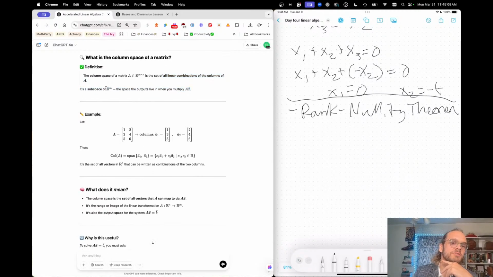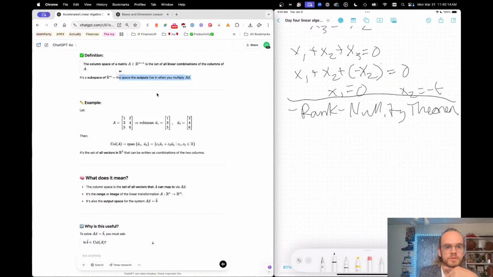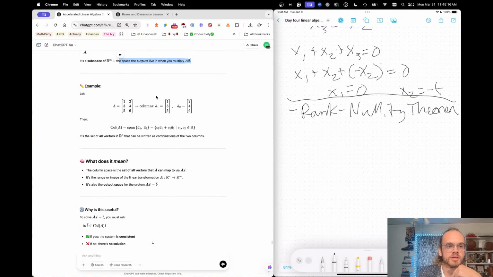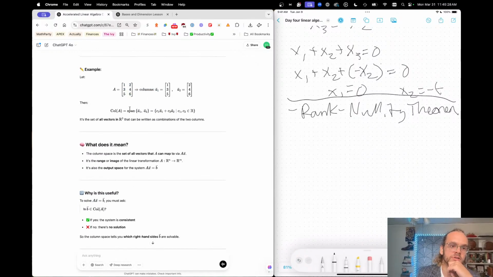It's a subspace of an m-dimensional space, a space that outputs live in when you multiply the matrix by some x vector. So this is the example. I always like these examples. Here we have 1, 3, 5 and 2, 4, 6 as the columns. Those are the two vectors. The column space of A is equal to the span.